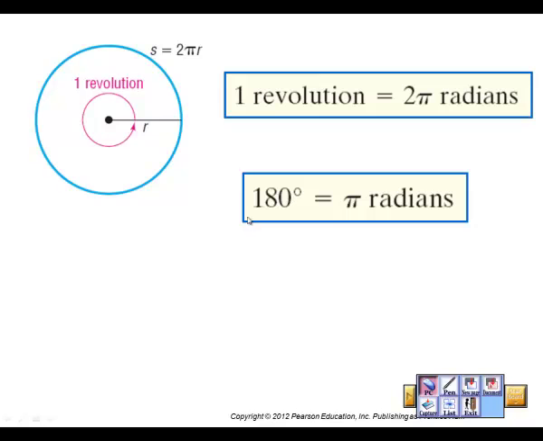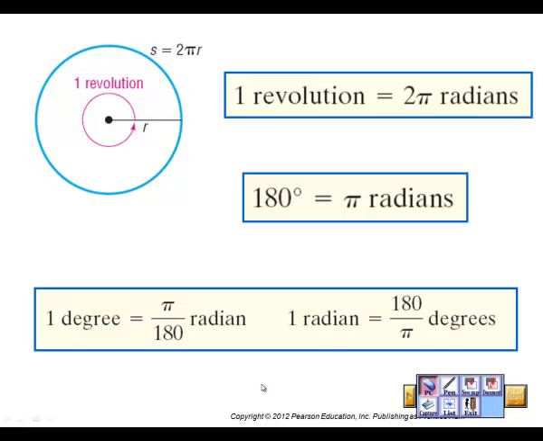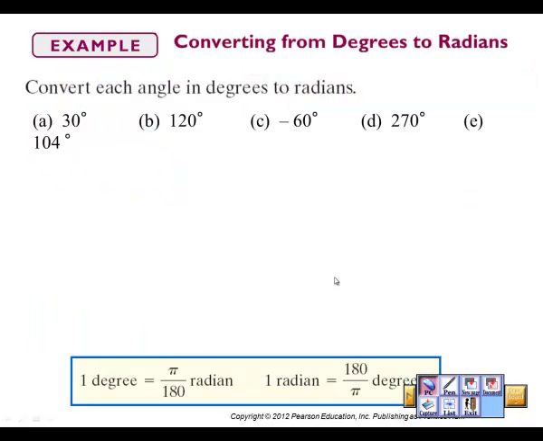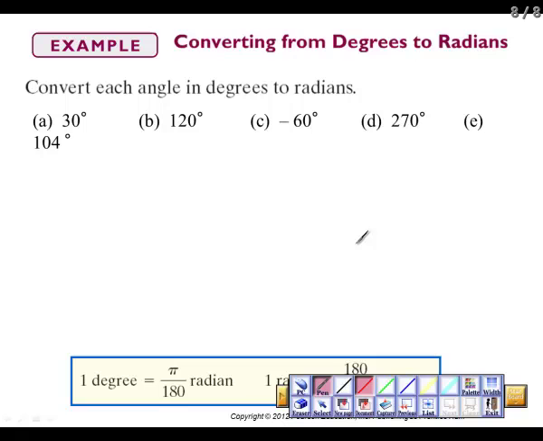So we use this as a conversion to convert from degrees to radians. If we want to convert, let's say, 30 degrees to radians, we take 30 degrees, and we know that pi radians equals 180 degrees.